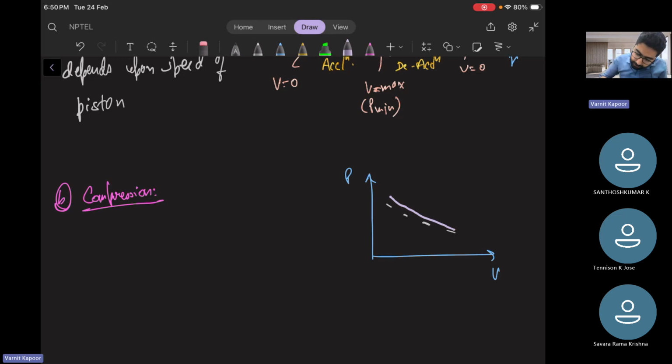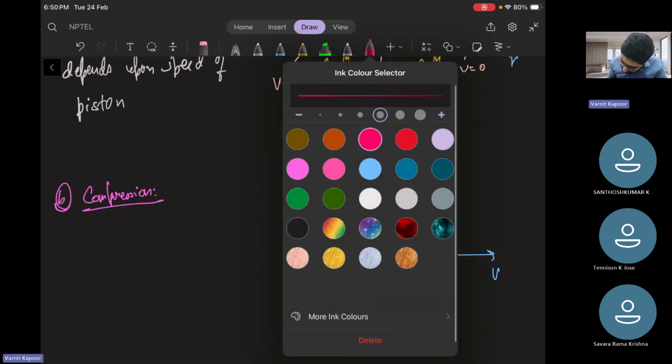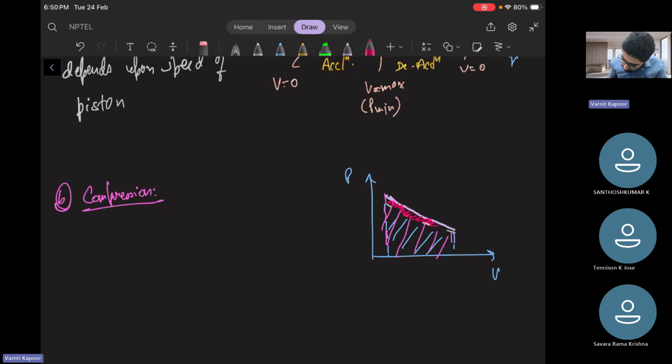In the ideal scenario, the work done was the area under the graph, this much. In the real scenario, the area under the graph was this much for the same swept volume. So there is an increment in the work, and that small increment is an extra amount of work required for compression to happen.